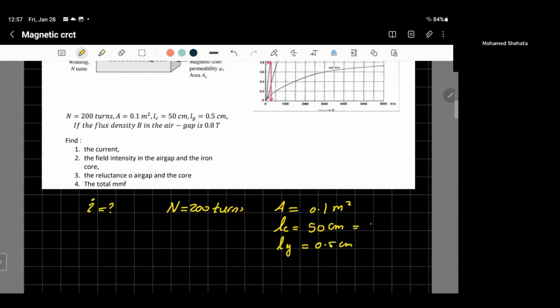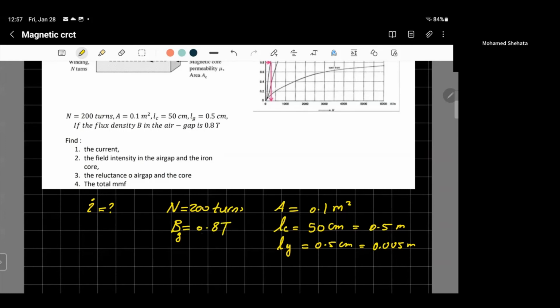Of course, everything has to be converted to meters. So that will be 0.5 meter. And what else? Flux density B in the air gap is equal to 0.8 Tesla.